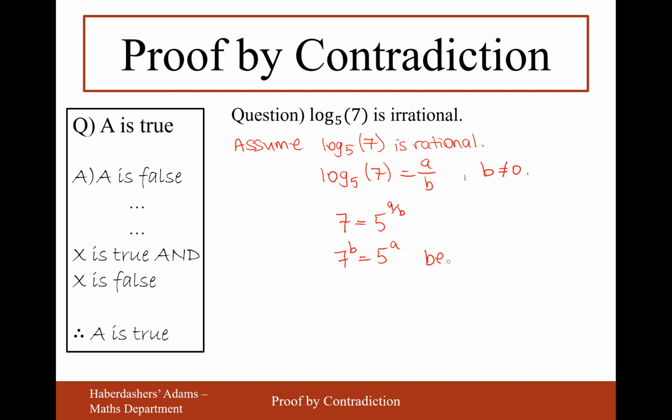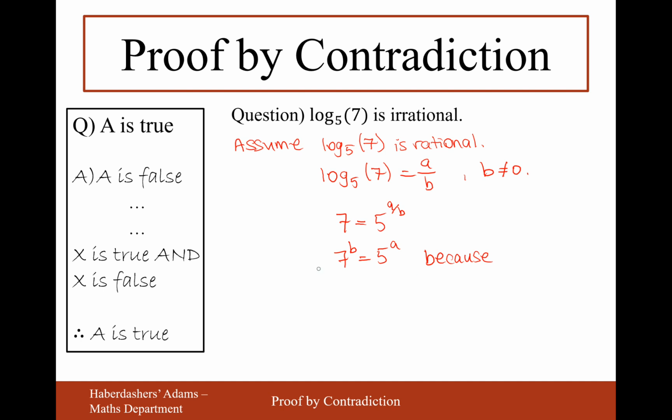Now, because last time I used the facts of odds and evens, where 3 to the power of b is equal to 2 to the power of a, we had an odd expression on the left and an even expression on the right, but here we're both going to have odds.